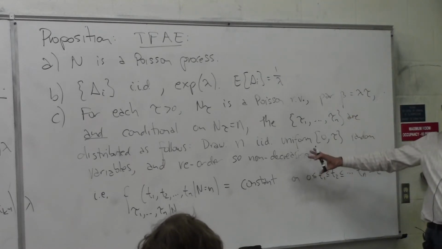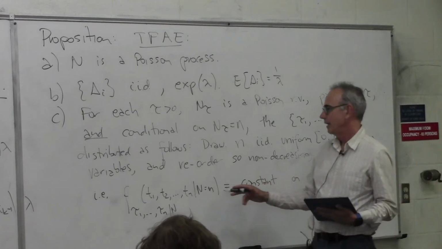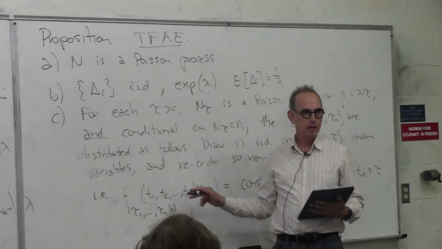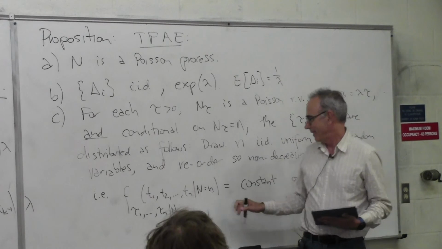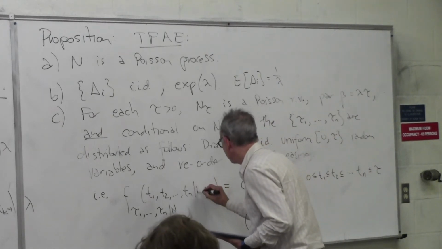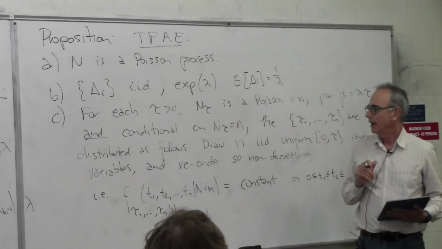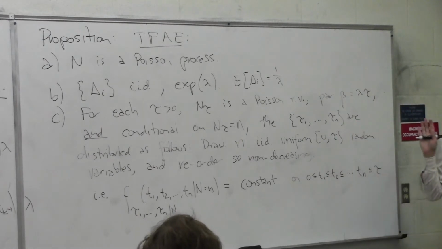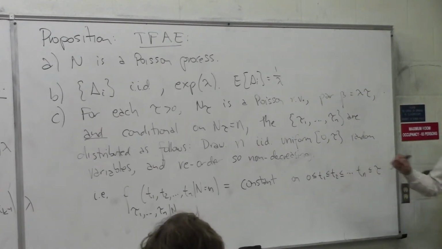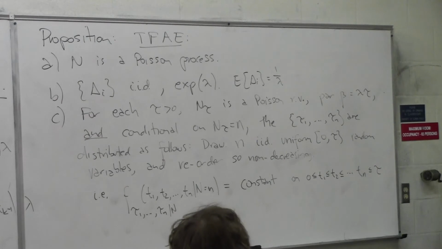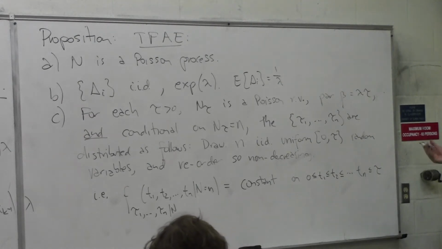It turns out this is the same as saying that this conditional density of the position of the time points, given that N equals n, is a constant on this strange region, this wedge. And what's the constant?